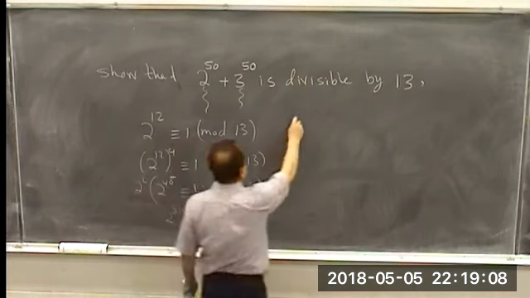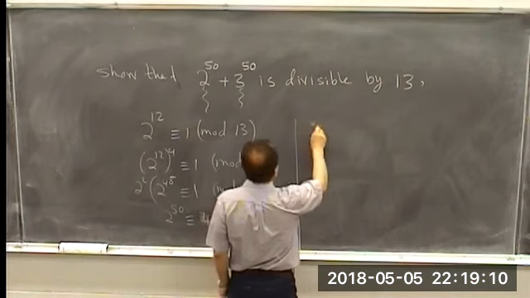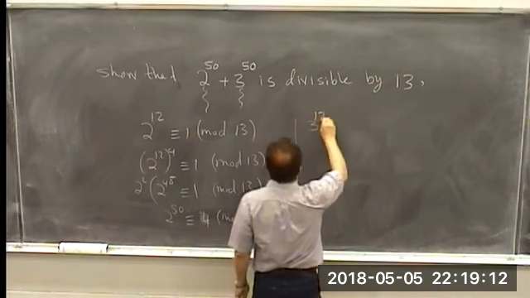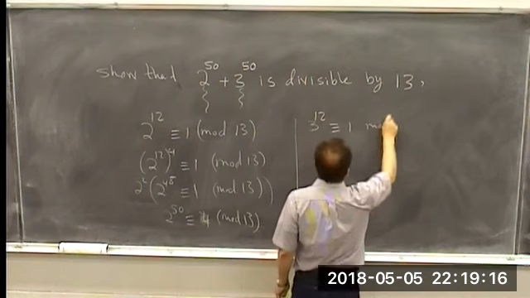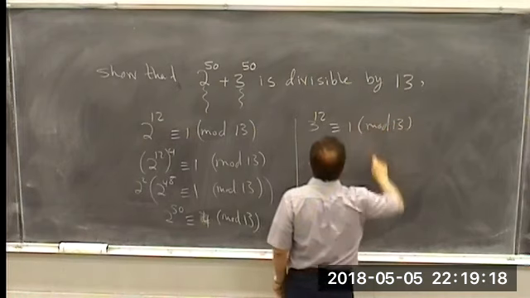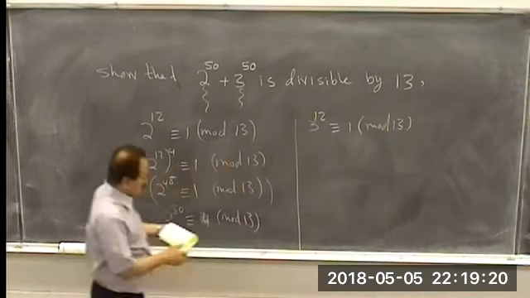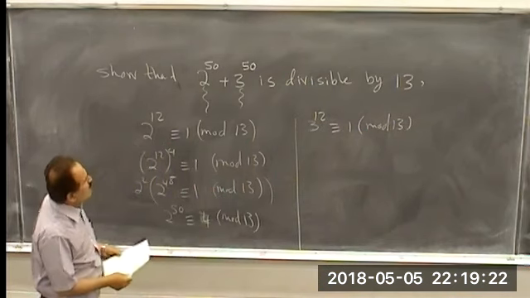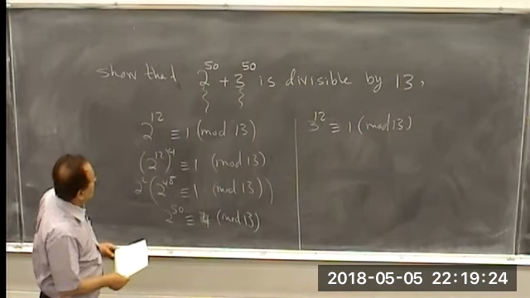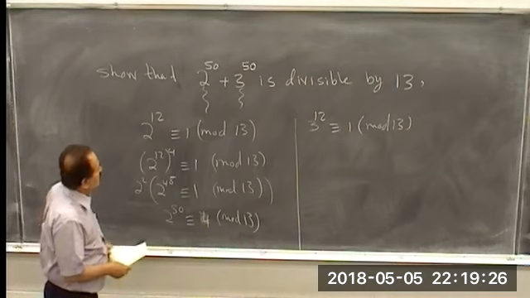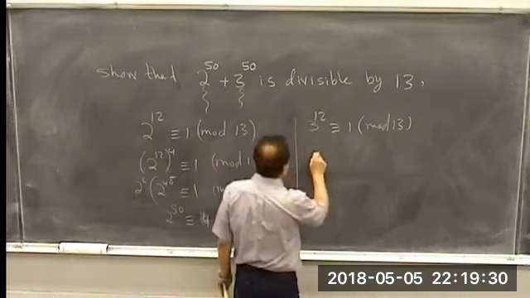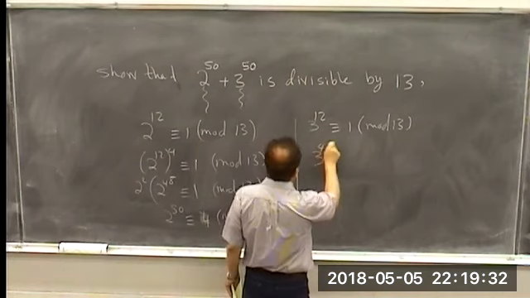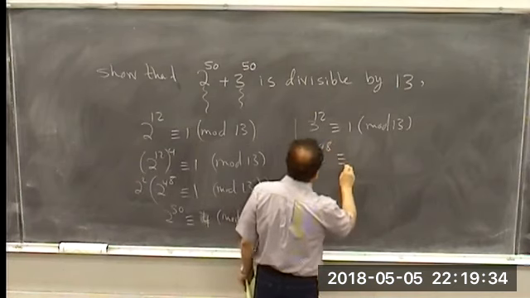Similarly, I can do this with 3. 3 to the power of 12 is congruent to 1 mod 13. This time I again raise this to the power of 4, so 3 to the 48 is congruent to 1.